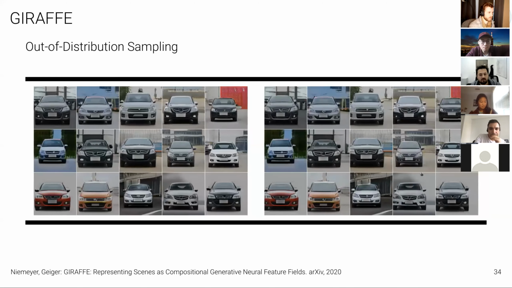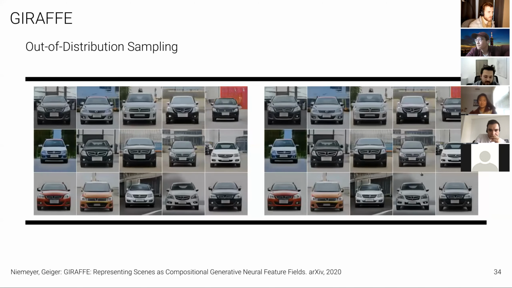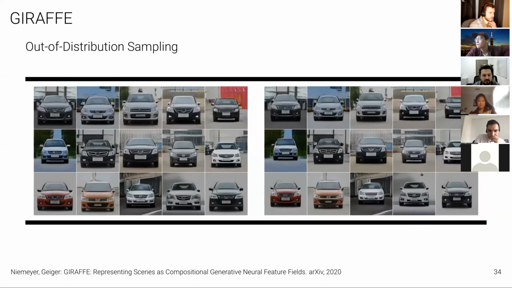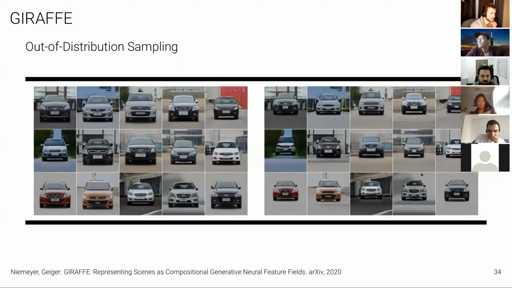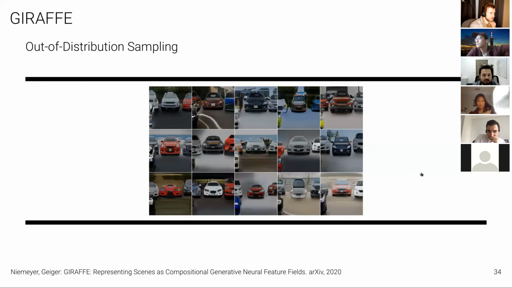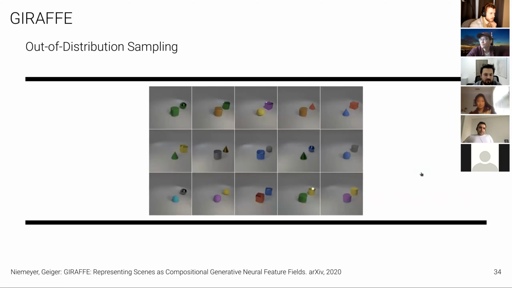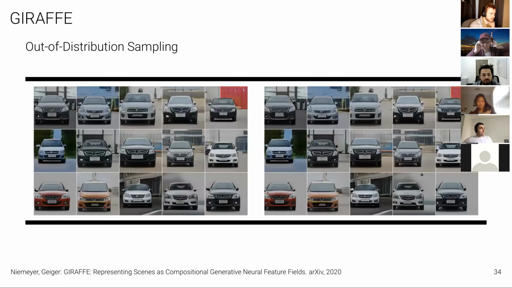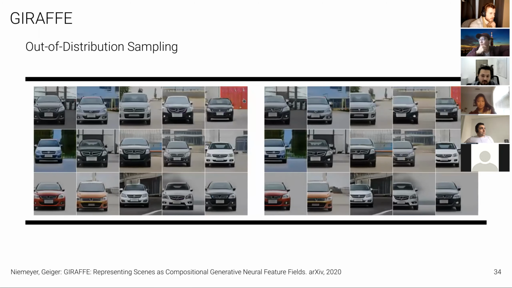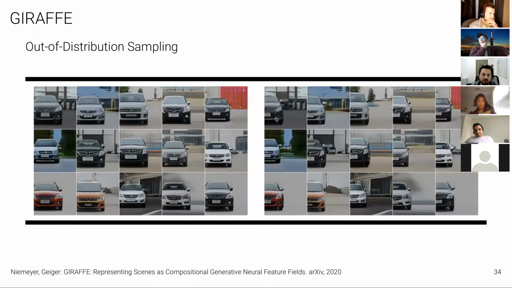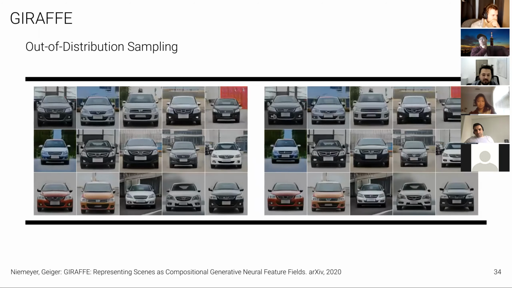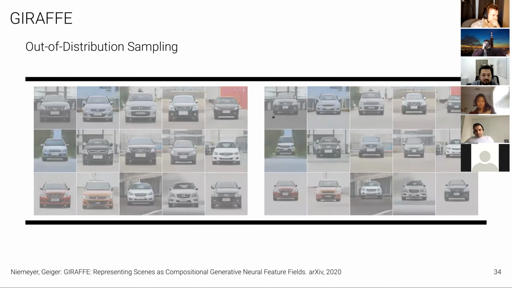And another more fun example maybe, touching the points that we discussed before, is that because we have this encapsulation of individual objects, we can actually generate out of distribution samples. So for example, here we increase the range of the depth translation or the horizontal translation over what it has seen in the data set.